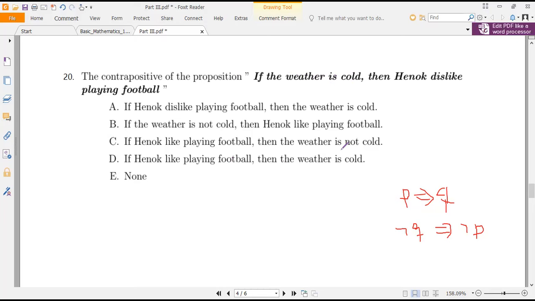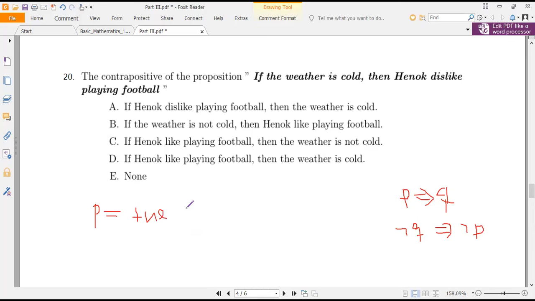So we can write P is the weather is cold.